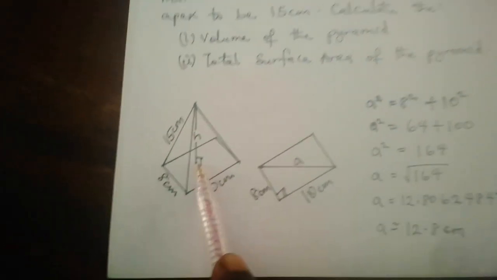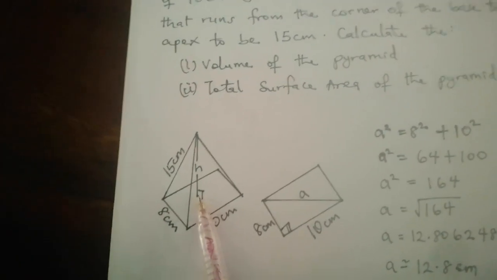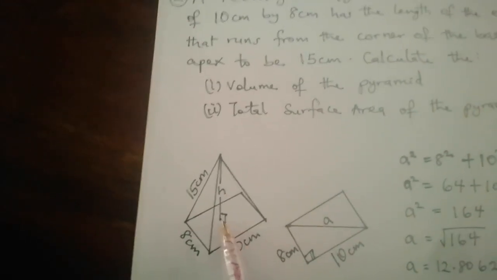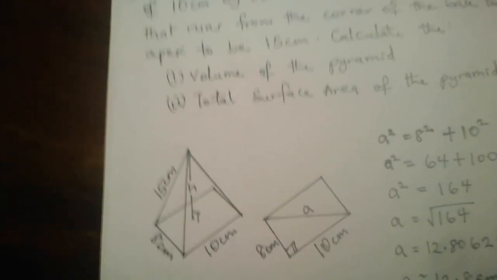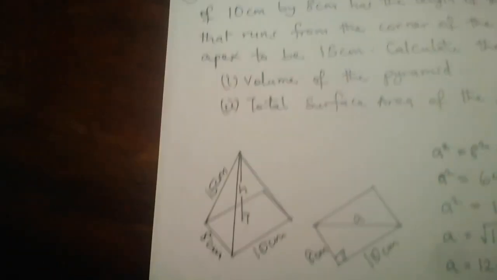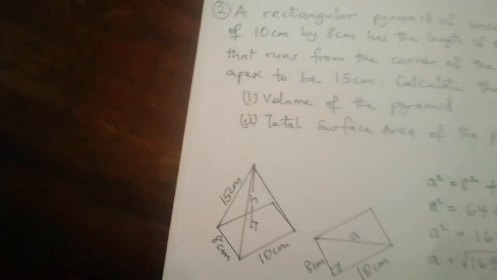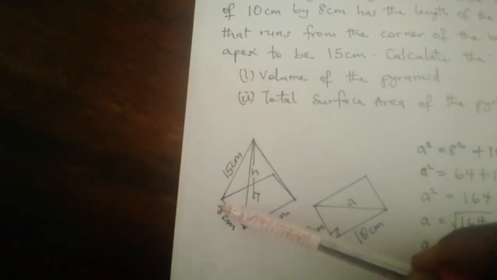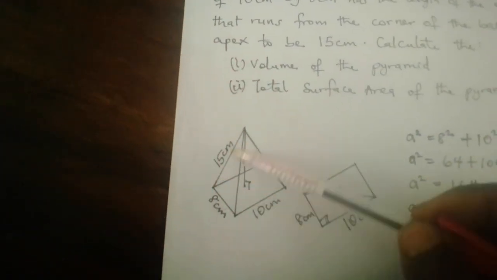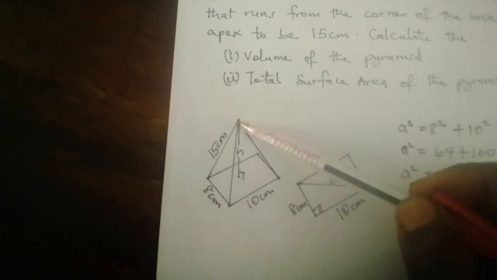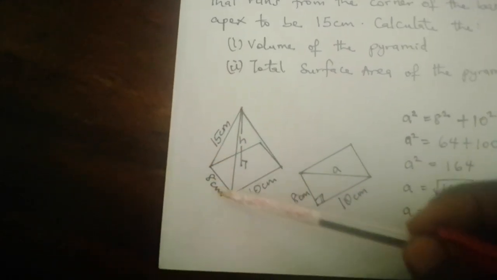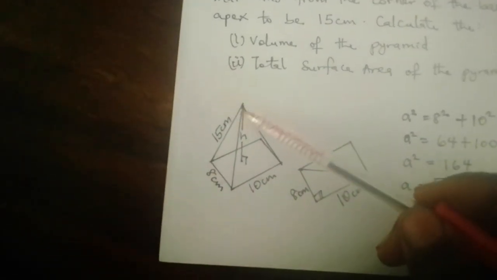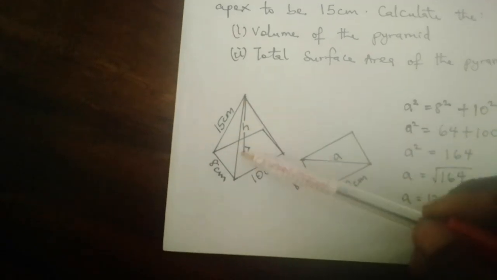The height is found at the center of this base and is at right angle with the base. Here you are given a slant height of 15 centimeter and this is 8 centimeter. You need to know the value of this vertical height.